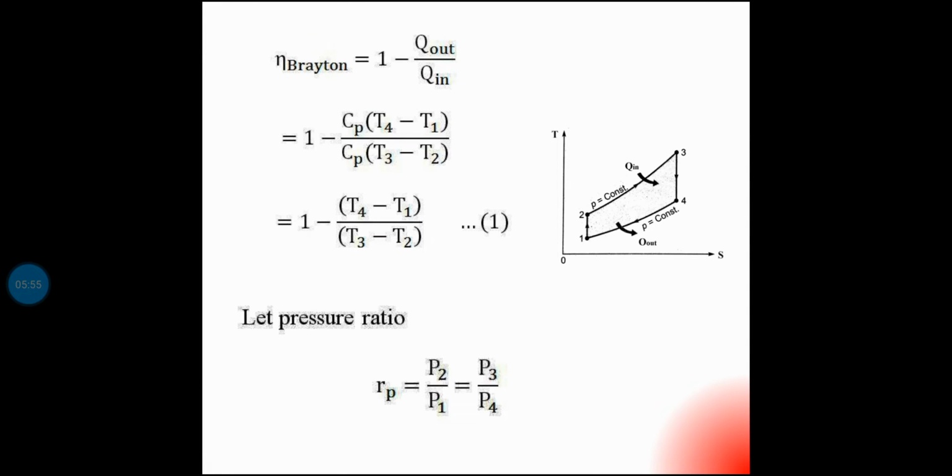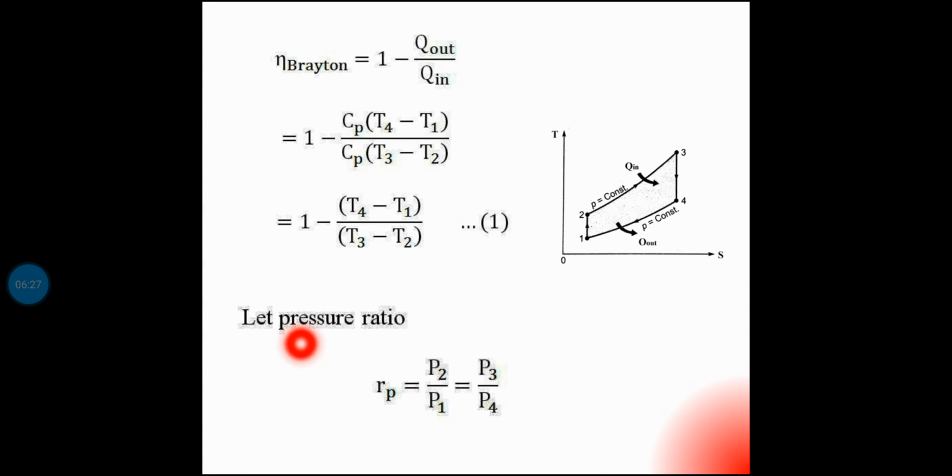Now substituting in the equation of efficiency, eta Brayton is equal to 1 minus Q out by Q in is equal to 1 minus, expression for Q out is Cp into T4 minus T1 and expression for Q in is Cp into T3 minus T2. Cancelling Cp, we get eta Brayton is equal to 1 minus (T4 minus T1) by (T3 minus T2). Numbering it as 1.